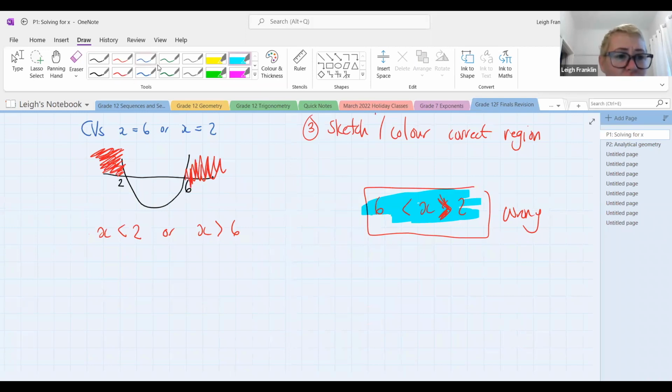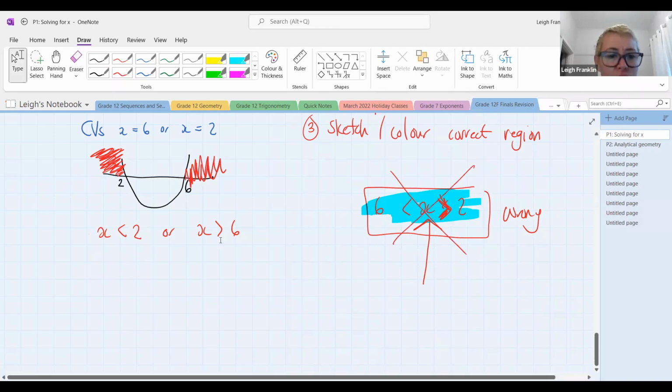But with this, we actually don't read from left to right. We start reading in the middle. So if we say x is bigger than 6 but bigger than 2, that doesn't make any sense. So unfortunately, this is not correct.